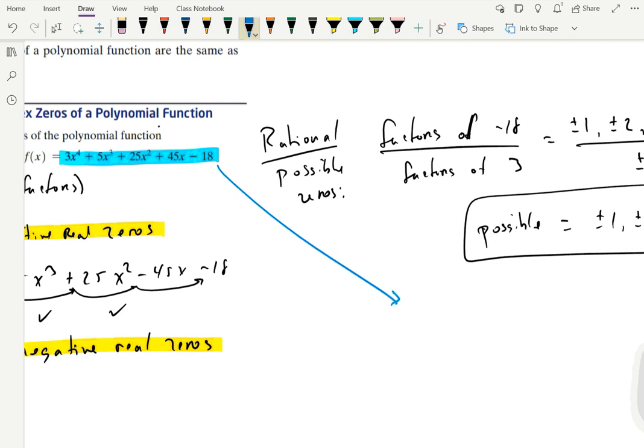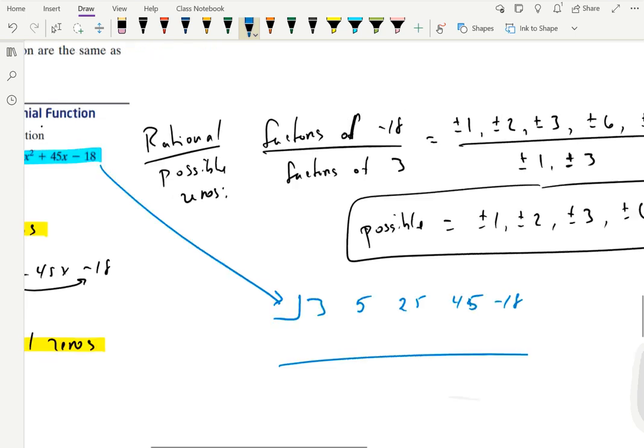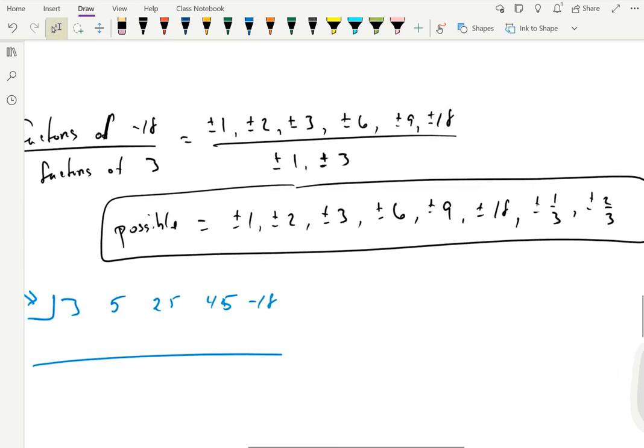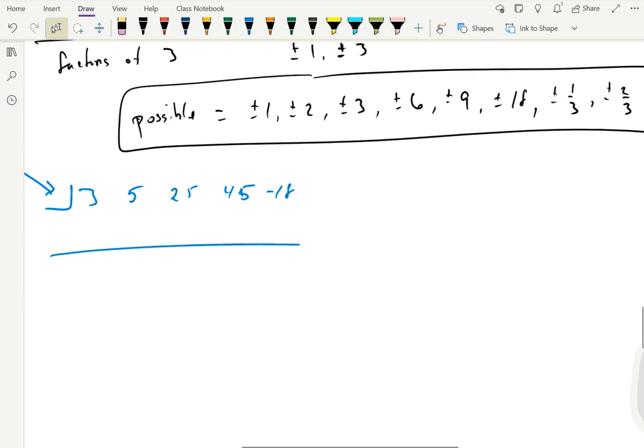What we do is make sure that we're not missing any terms: the power of 4, 3, 2, 1, and then power of 0. So we take the numbers here: 3, 5, 25, 45, negative 18. These are the possible zeros we end up with. We're going to start trying things until we find something that works.